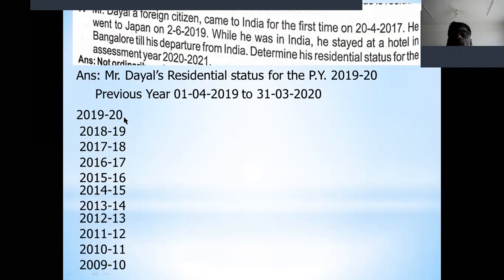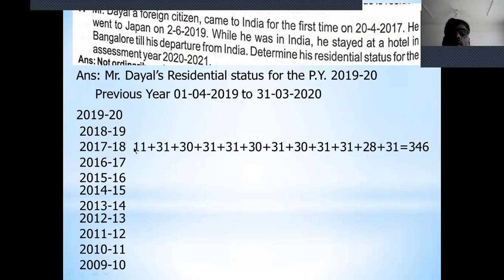And as per the problem, you note down the person's residency in India in number of days. He entered on 20th April 2017, which comes in the year 17-18. 2017-18 he entered in this previous year.